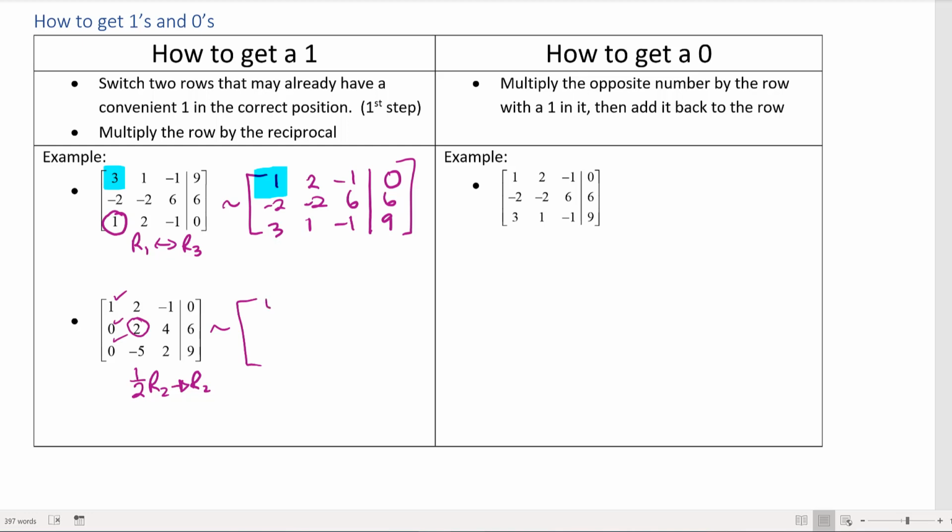So I'm manipulating row 2, so row 1 and row 3 stay the same. Row 2, we have 0, 1/2 of 2 is 1, 1/2 of 4 is 2, 1/2 of 6 is 3, and now I have the 1 exactly where I want it. So that's another way you can get a 1.